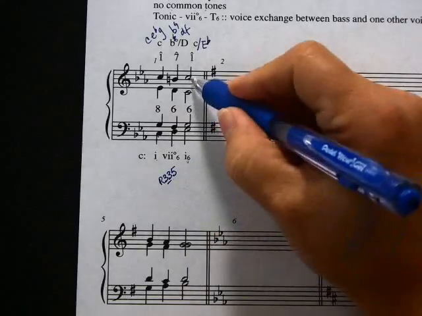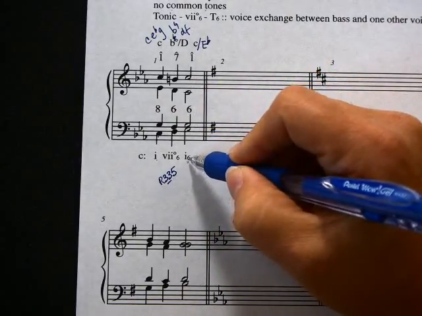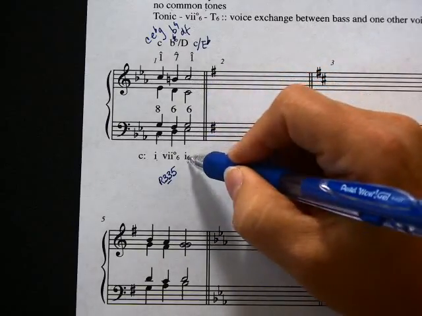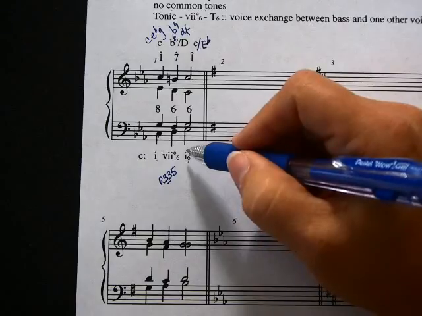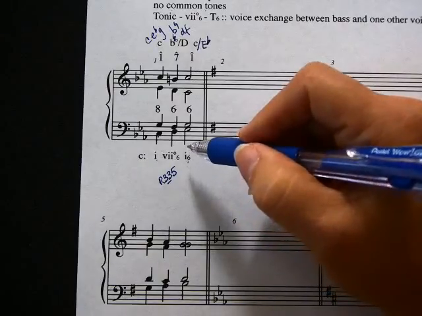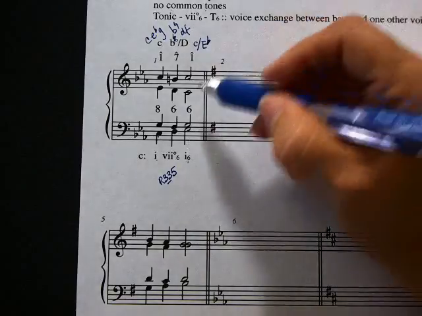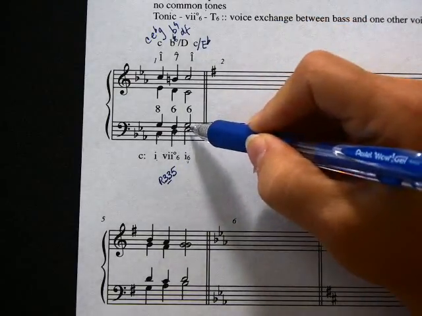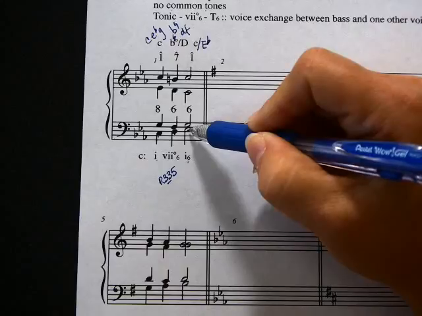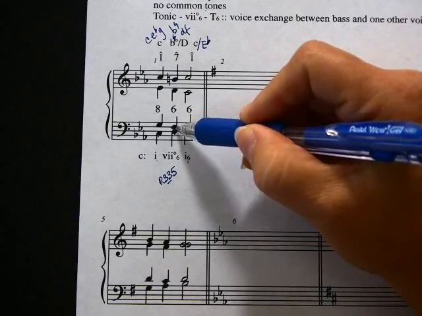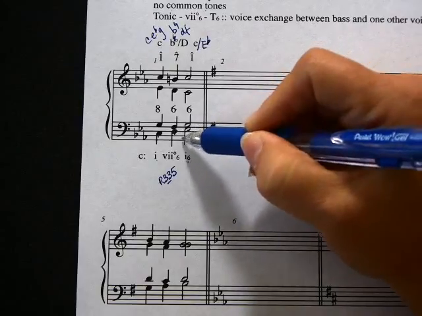Moving to 1, 6. It's a minor chord, it's in first inversion. We're going to attempt to double the root. You don't always have to, but that's your best starting place. As the D in the bass moves up to E flat, notice that in order for the F to move by step, it creates parallel thirds with the bass.